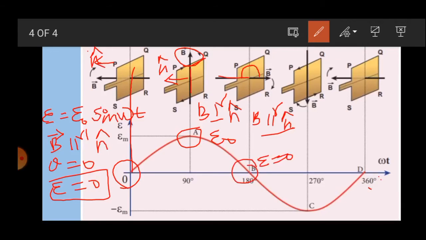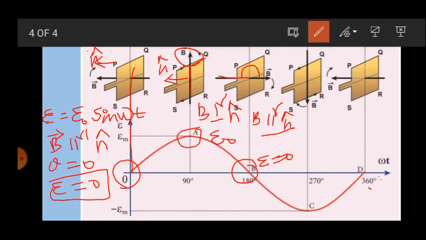Are you clear? So students, the induced EMF becomes 0. This is represented by point B. Now again the field magnet becomes parallel to the rectangular loop.